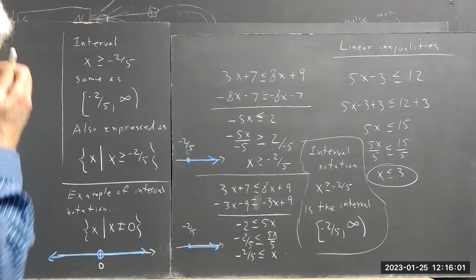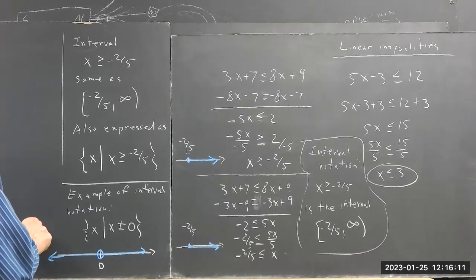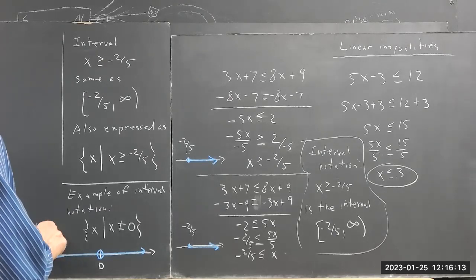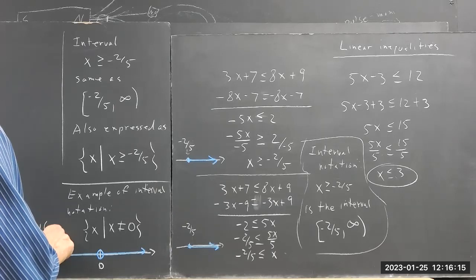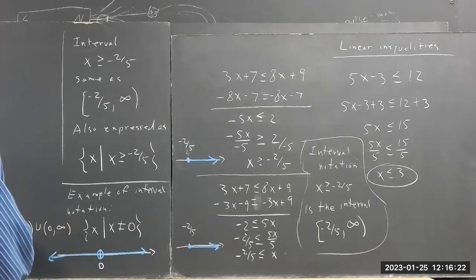Now, another way to express this interval is the union of the sets negative infinity, 0, and 0, infinity.